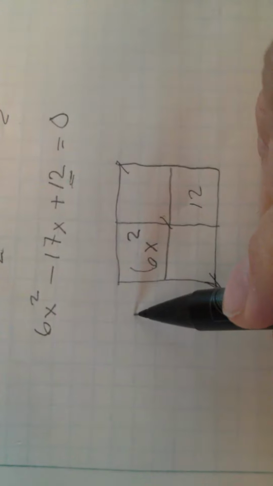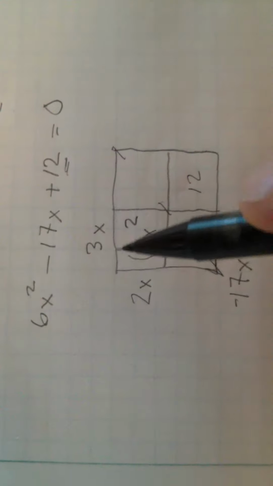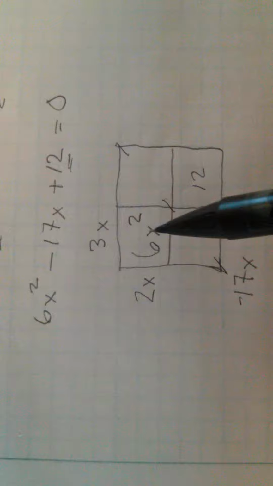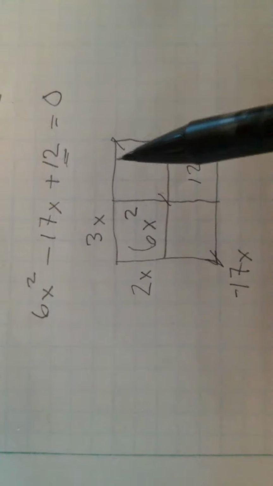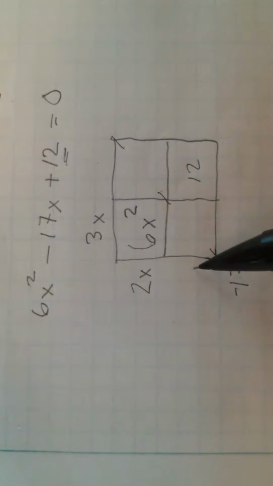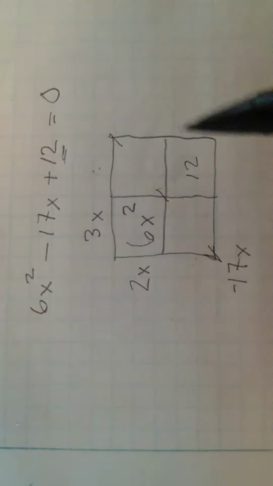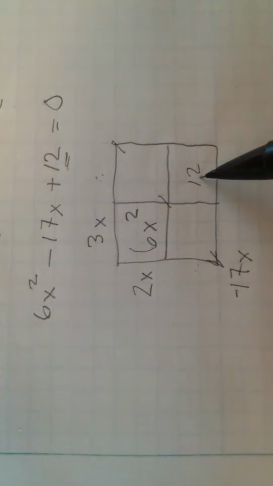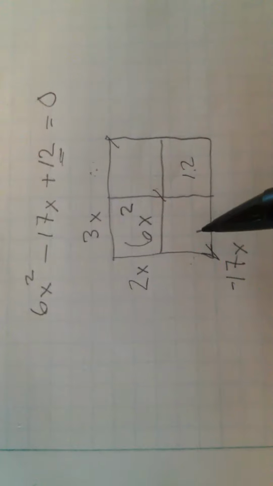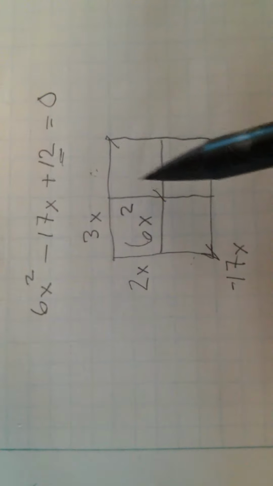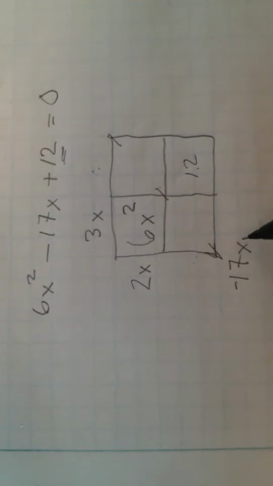But if we take a 2x and 3x here, because 2x times 3x, well, 2 times 3 is 6, x times x is x squared. Okay. The next piece of the pieces of the factored form, when we multiply these two numbers that we have here together, we better get a 12. Okay, but when we add them, well, we've got these extra little pieces that are going to alter them a little bit, but we need to end up with this negative 17x.